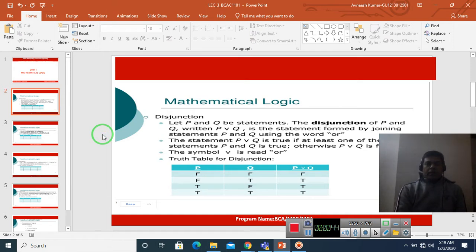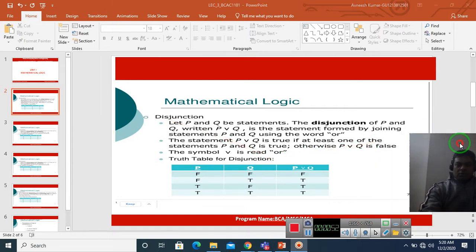The first logical connective is the negation, second is the conjunction, and third one is the disjunction. Basically, disjunction works as an OR. OR means that if either one statement or both are true, then the result will be true. Let P and Q be the statements.